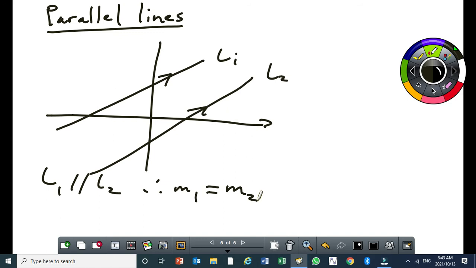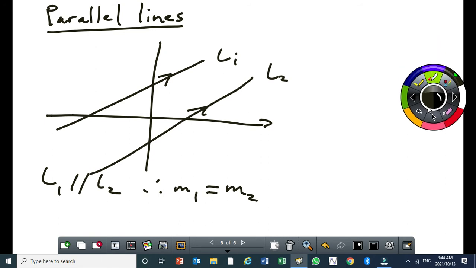It means that the gradients are equal. If any two lines are parallel, their gradients are equal.